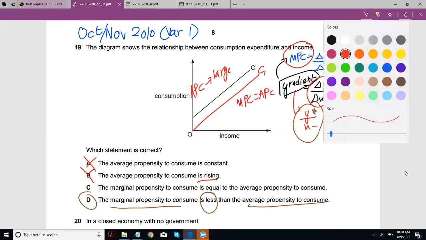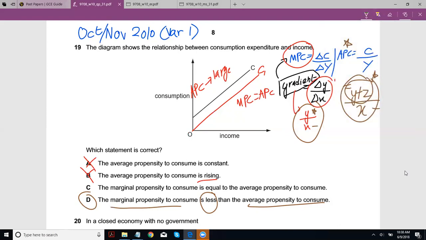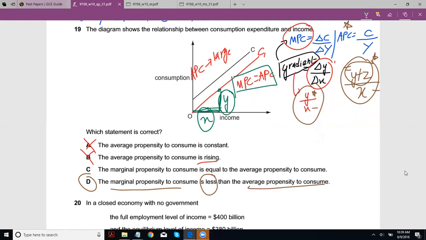The reason being, MPC is the gradient, calculated for this point, so you look at change in y over change in x. And for your APC, you'd look at consumption for that particular point and income for that particular point. So if it's a straight line going through the origin, MPC would be equal to APC. Since it's not, since it has a y-intercept, you can cross out C as well. So hopefully that made sense, and hopefully that helped.